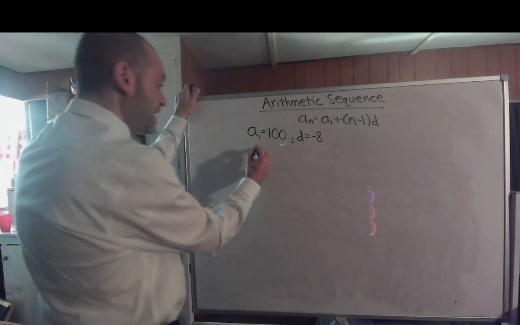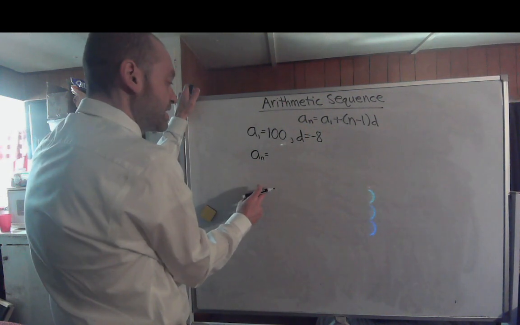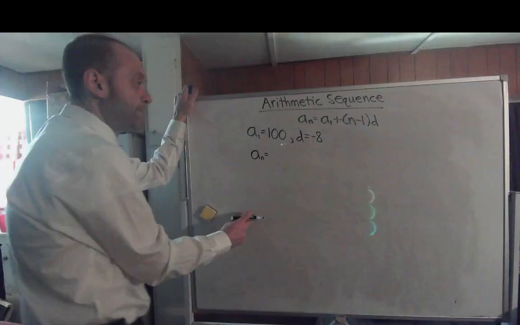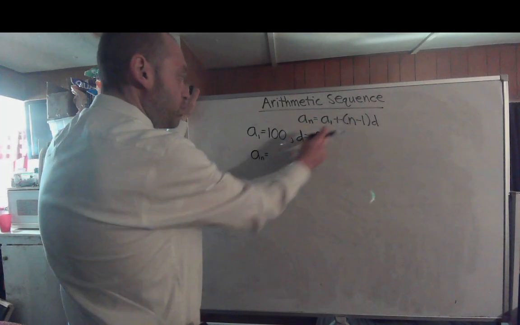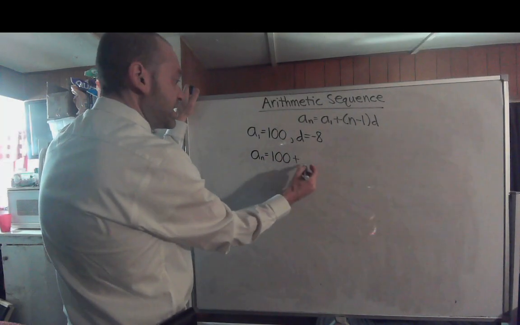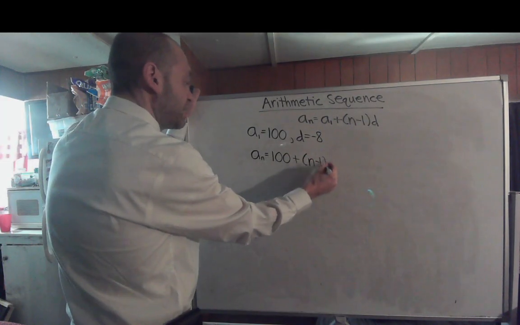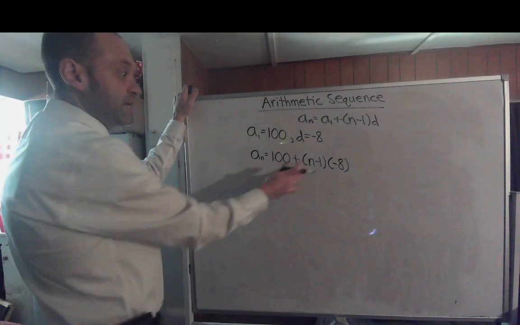All you're going to have to do is set a sub n equal to this formula. A sub 1 in this case is 100, plus n minus 1 times your common difference of negative 8. Now we can simplify.